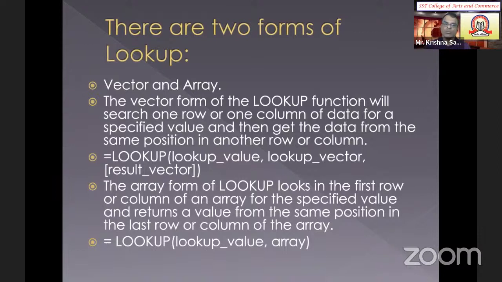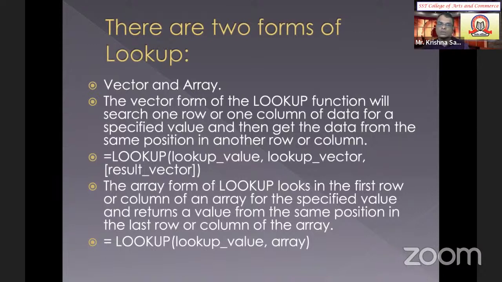First, we write the lookup value, then a comma. The part number is actually the lookup value, that is A001 or A002. Then we write the lookup vector, meaning in which column we have to look, and then we define the result vector, meaning from which column we want the value.